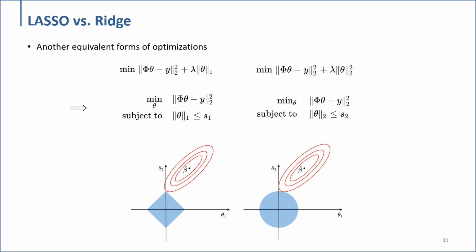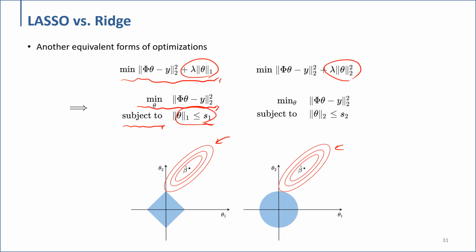The reason why only lasso has the selected-feature property can be found from the geometrical point of view. Let's say the red plot represents the minimizing function for our original loss, and by having this L1 norm or L2 norm, we have constraints where the norm is bounded by a small value S1 or S2.